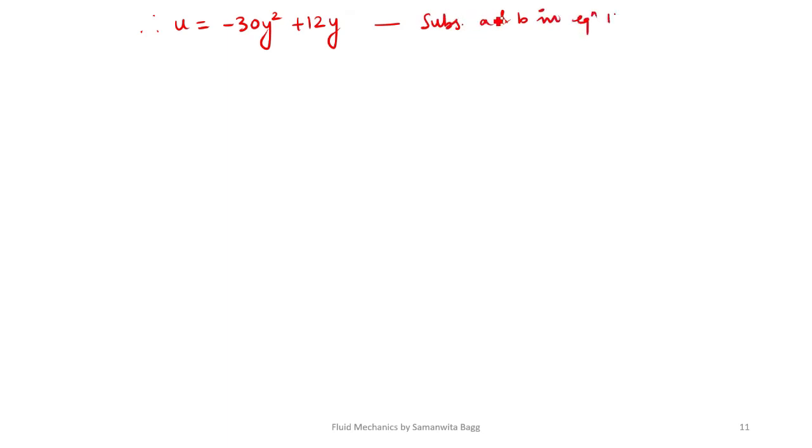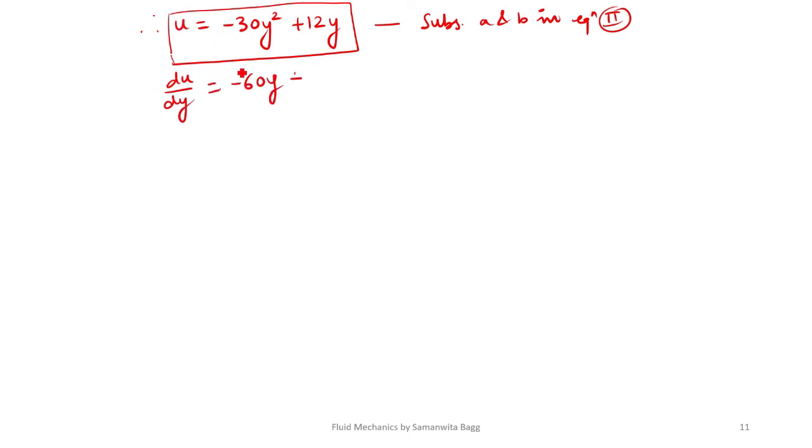Substituting a and b in equation 2, now since I know this equation, it becomes very easy for me to calculate du by dy. This will be minus 60y plus 12.